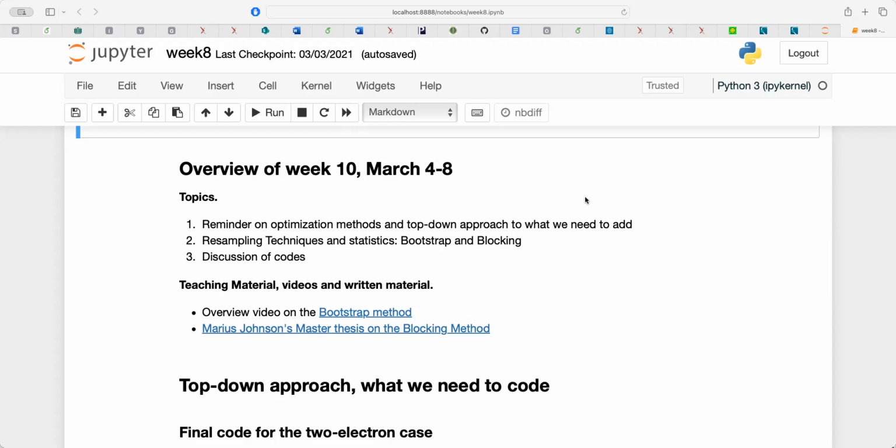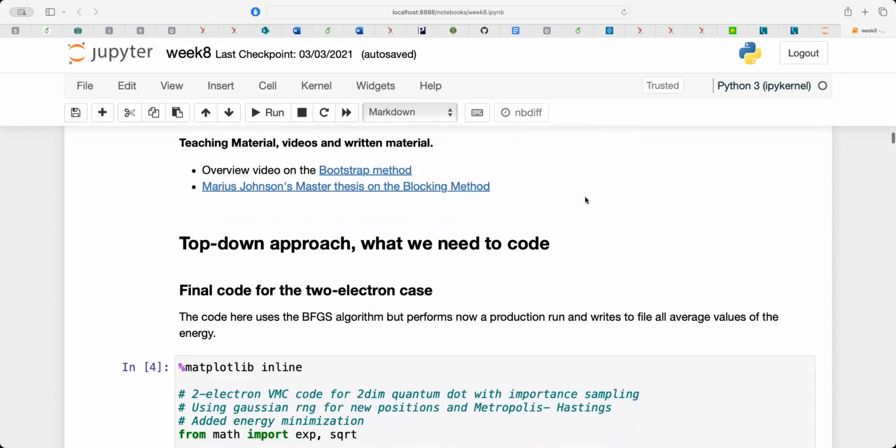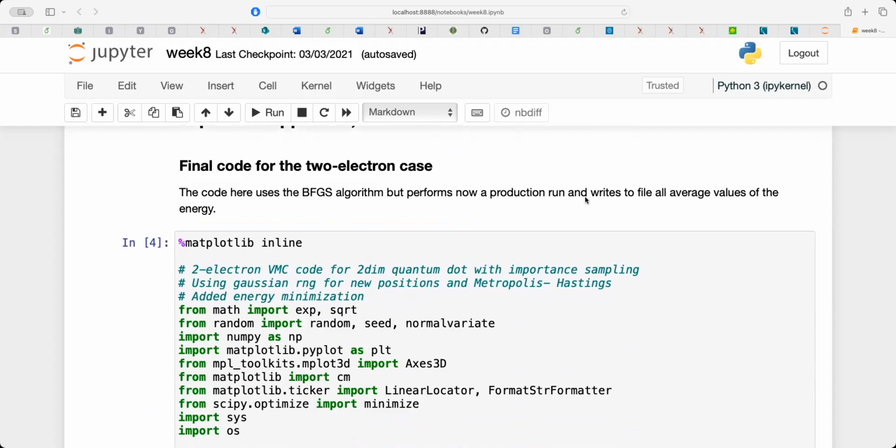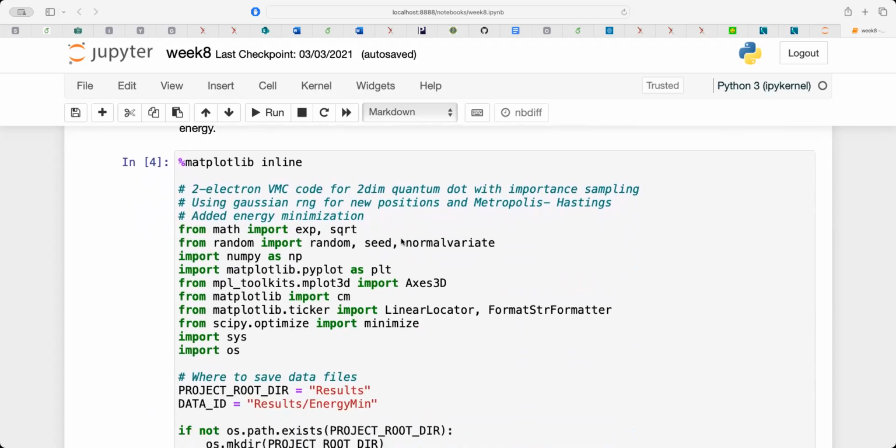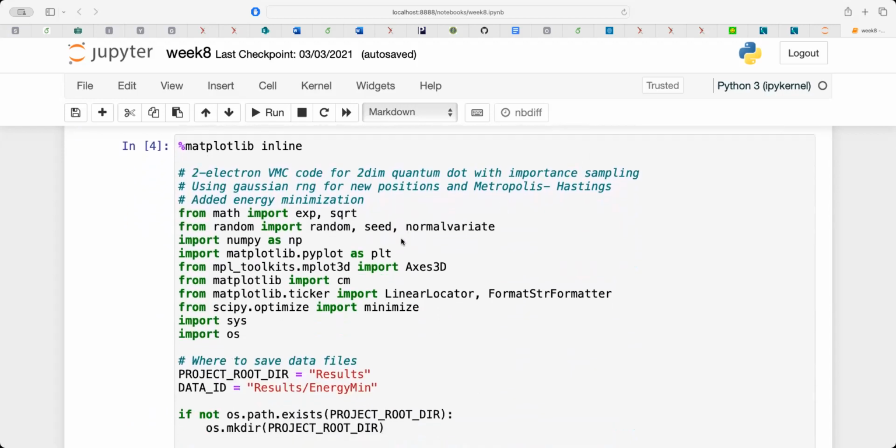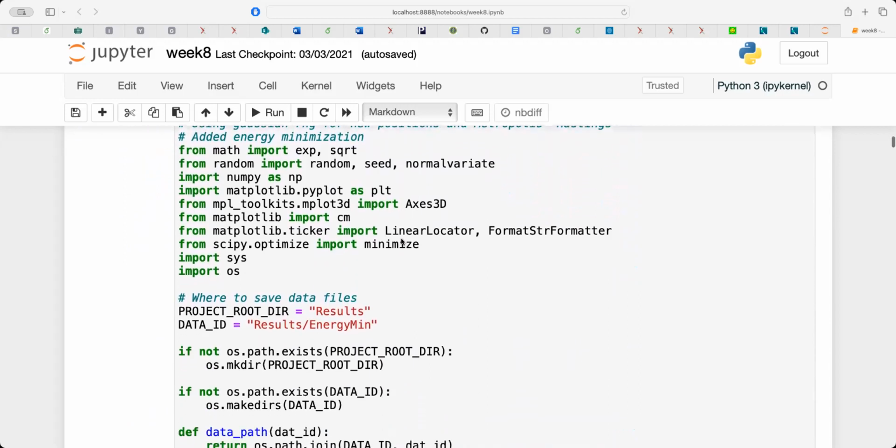So I just wanted to remind you quickly about this program, which you have seen many times, but where I'm adding now the statistical analysis. So if you now look at the code, this is the same code which you have seen before. So this is the 2-electron case with a Coulomb interaction between the 2 electrons, a static Coulomb interaction.